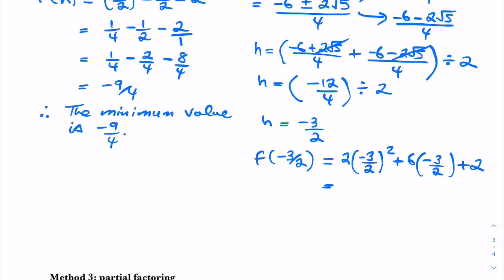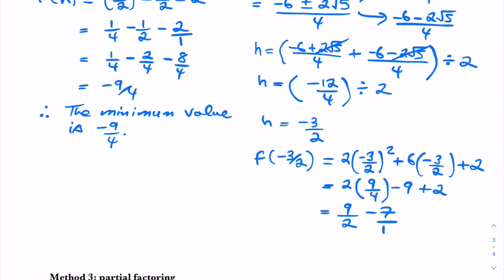All right, let's simplify that. Some more fraction math. So 2 times negative 3 over 2 squared, that's going to give you 9 over 4. 6 times negative 3 over 2, that's negative 18 over 2, which is just negative 9. And then plus 2. Continuing to simplify, 2 times 9 over 4, that's 18 over 4, which reduces to 9 over 2. We've got 9 over 2, take away 7.